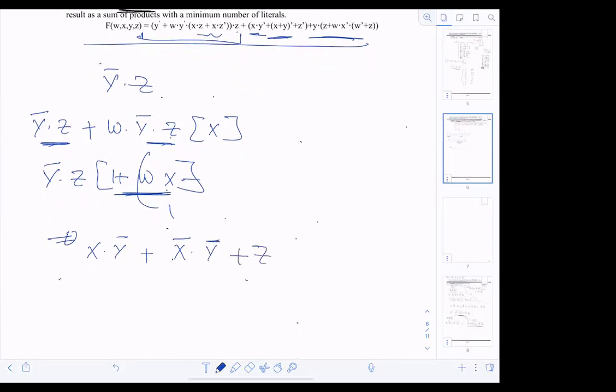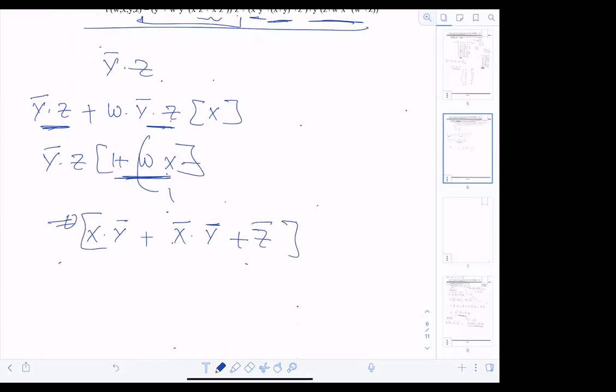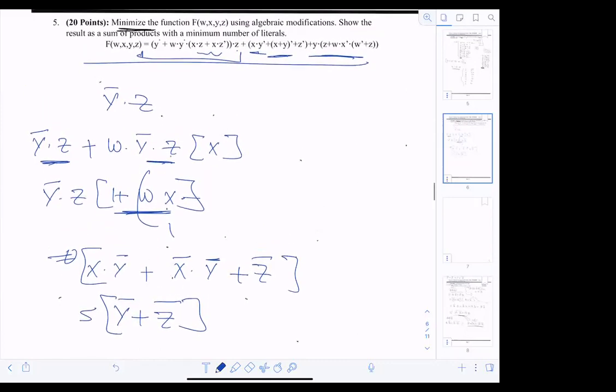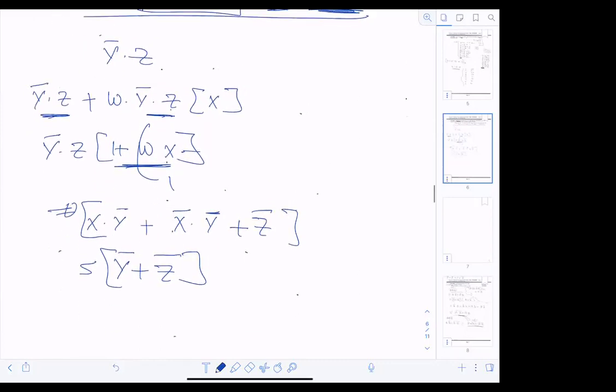With Z complement. Am I right? Then that pretty much is basically Y complement, Z complement. Is it correct? Then this part is pretty much very simple.